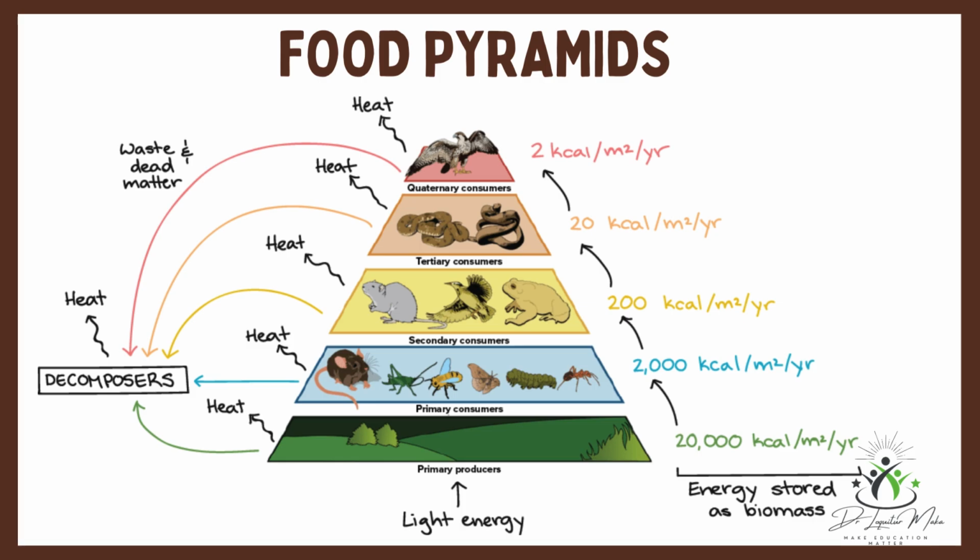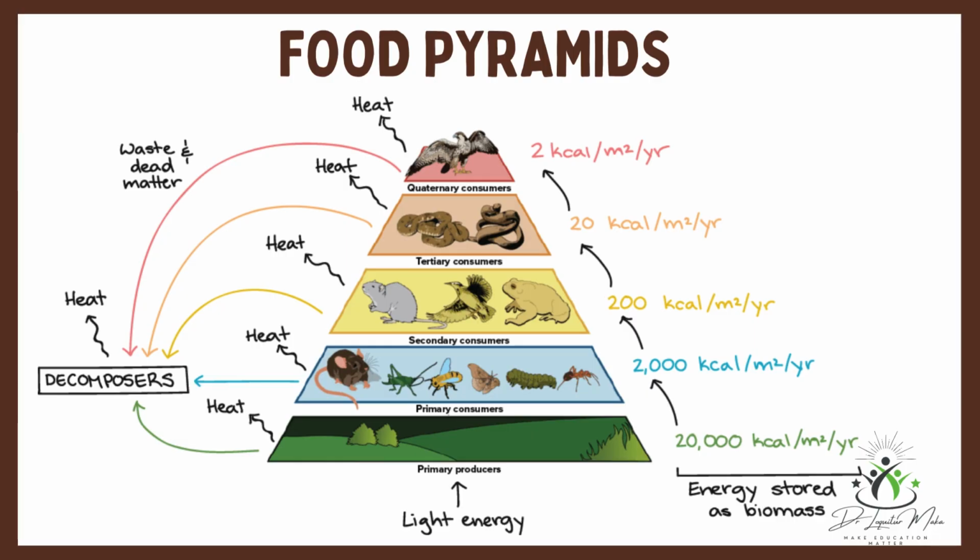So if we look at the pyramids of numbers, there will be a decrease in numbers if we look at the pyramid starting from the bottom, on the primary producers, right?